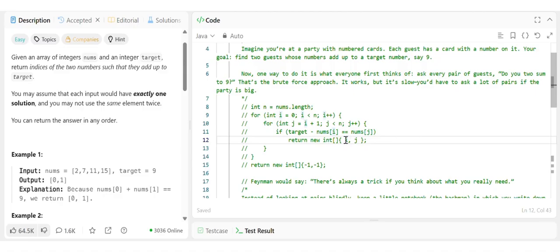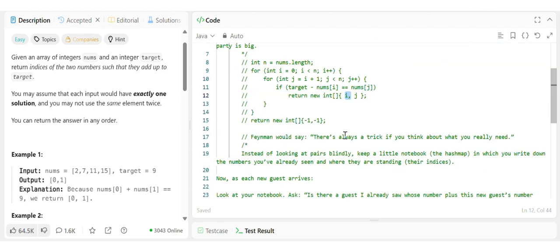If the array ends and we are not able to find any pair which adds up to target, we'll simply return -1 comma -1.